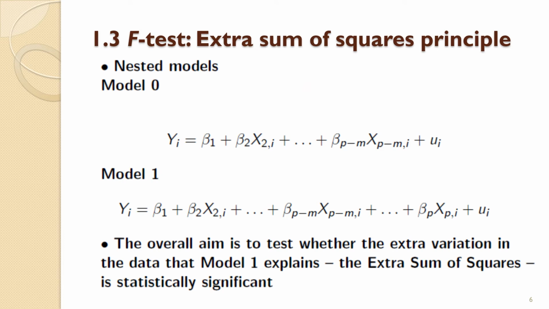In terms of the extra sum of squares principle then, again we've got nested models, so the simpler model, model 0, imagine this sitting inside model 1 in some sense.